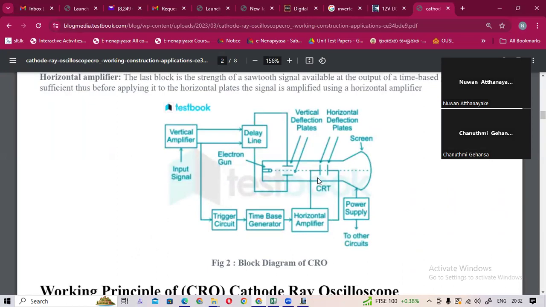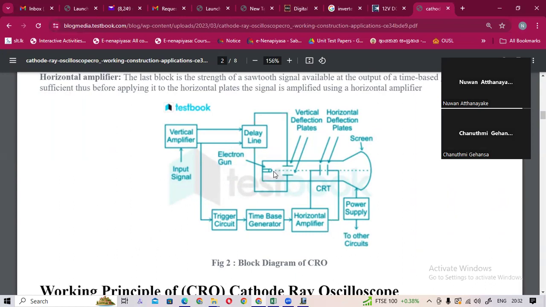Here we have the cathode ray, and here we have the electron gun. When we give a voltage to these plates, which are just like electrodes, these are vertical deflection plates. Due to this voltage the electron gun moves, and these are horizontal deflection plates, so it deflects horizontally.